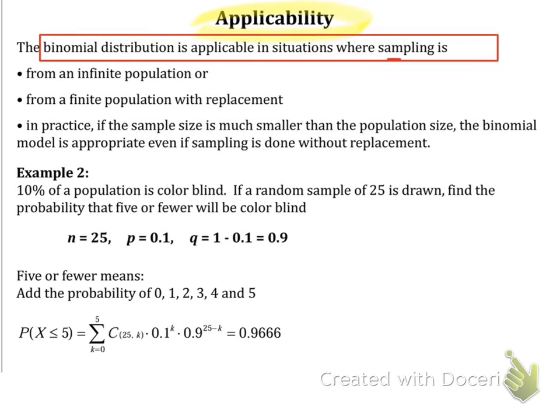I have one of these 2 scenarios. It should happen in order to say that this is binomial distribution. Okay, so if I have an infinite population, a very large population, or I may have a finite population, a limited population, but with replacement.